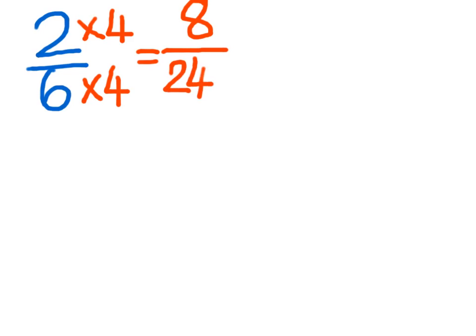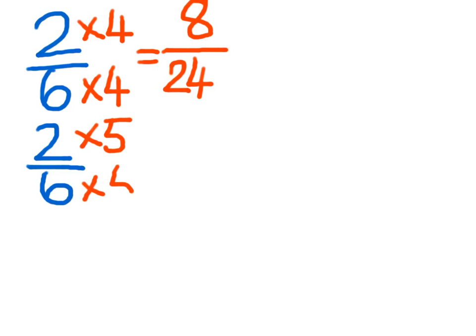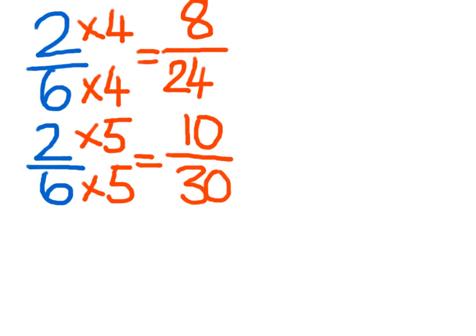So we'd have 8/24. We could also multiply by 5, and I'm just picking random numbers here, by the way. So if we multiply the top and bottom by 5, 2 times 5 gives us 10, and 6 times 5 gives us 30. So we have 10/30.